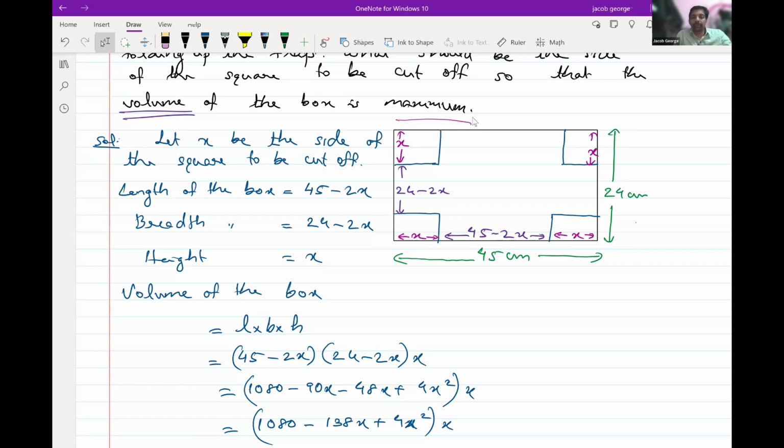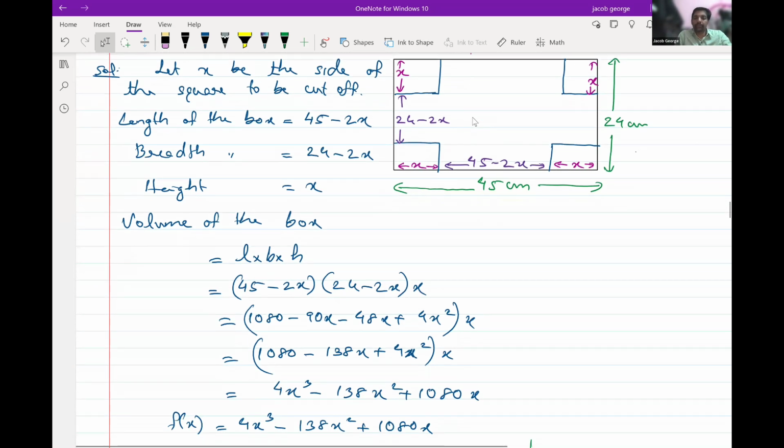So that one, when you simplify, minus 90 minus 48 is minus 138 and 4x cube minus 138x square plus 1080x. This is our f of x, the function f of x. So f of x is 4x cube minus 138x square plus 1080x. Is it clear, children, till this step?